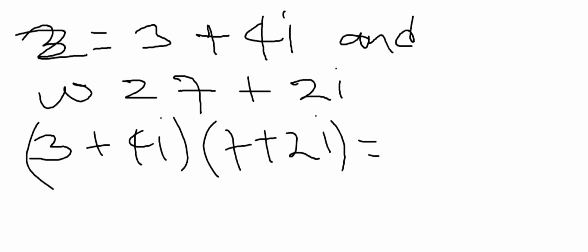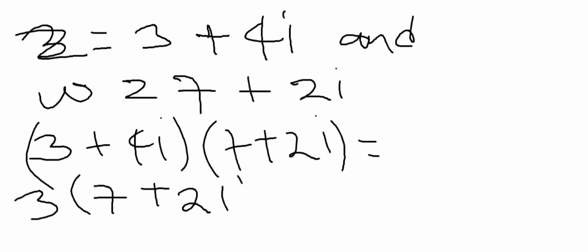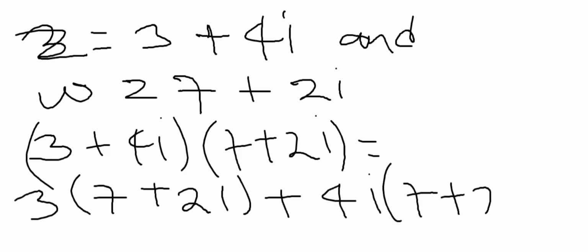We will multiply 3 by everything inside the second one. We multiply it, then we add also multiply what is inside here.